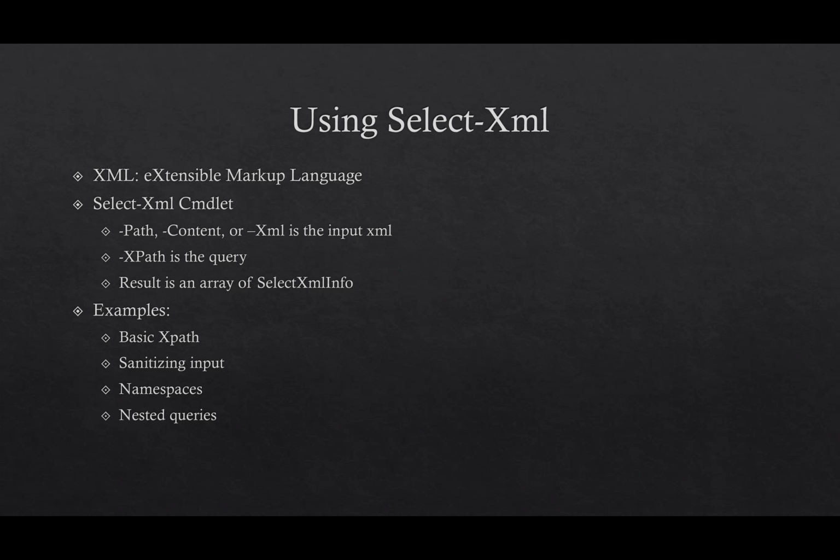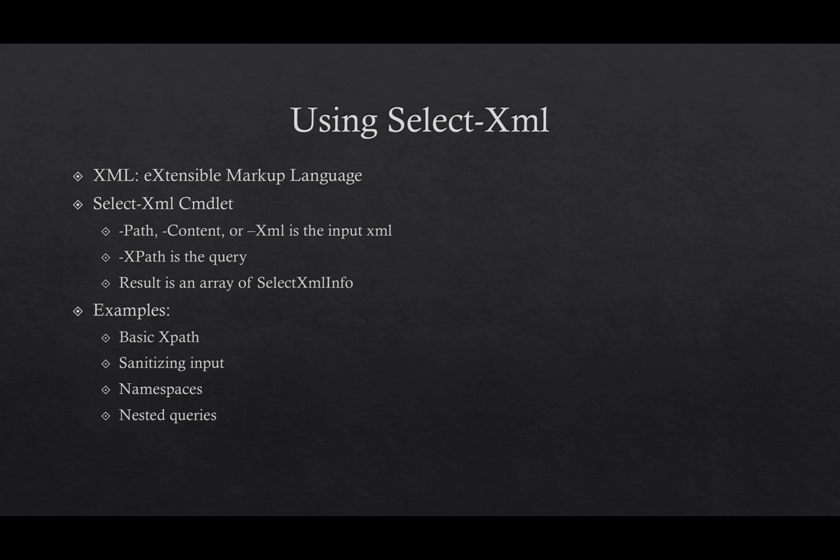Okay, to recap, we talked about what XML is. It's a text-based document format for hierarchically structured data that can be converted into a tree of XML nodes, which we can call an XML document object model.